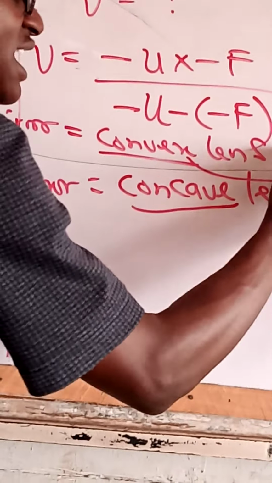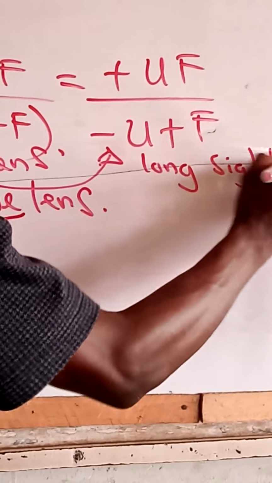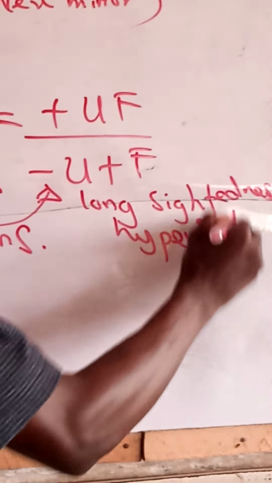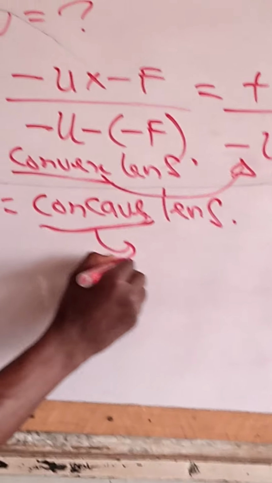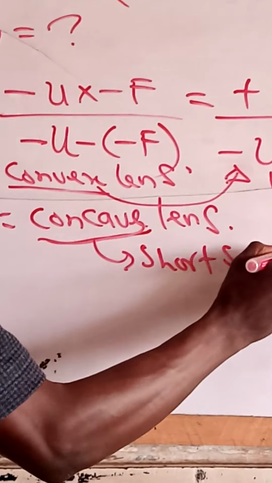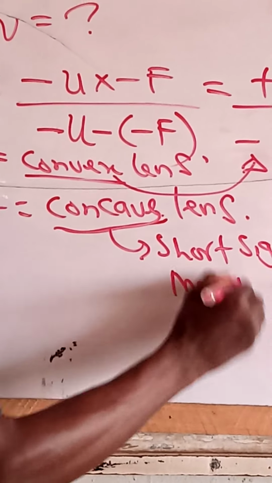Our convex lens is used to treat long-sightedness, and that is what we call hypermetropia. And our concave lens is used to treat short-sightedness, known as myopia.